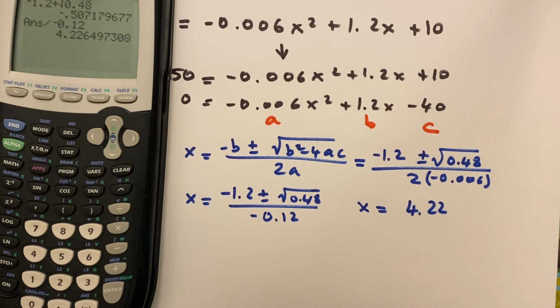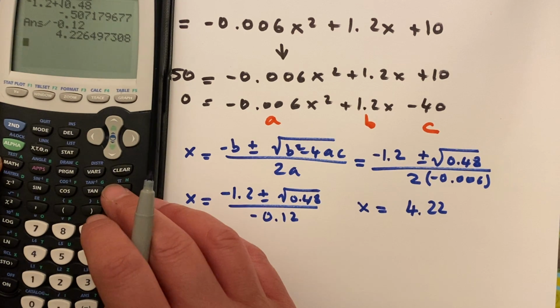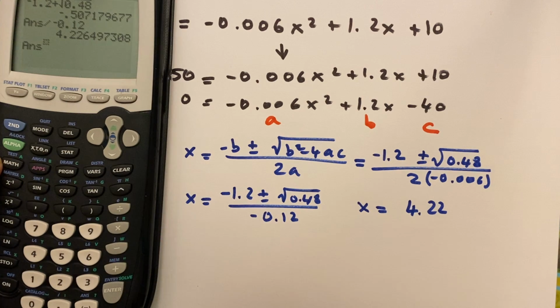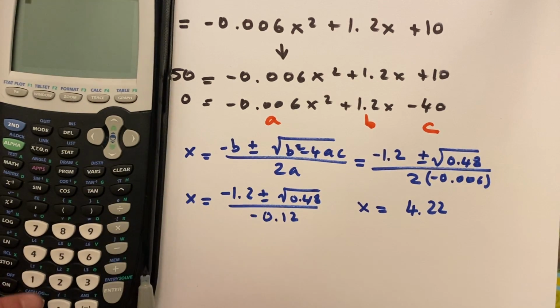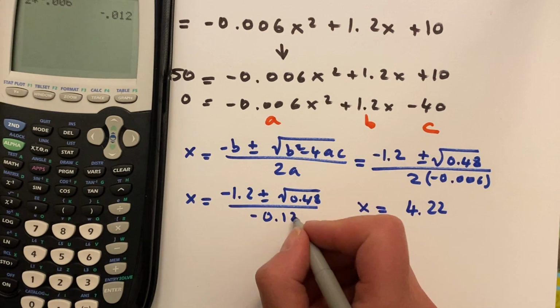Which looks like there's something wrong. Let's see. I'm going to try this again because I think I'm off. I'm trying to figure out why I'm off. 2 times negative 0.006. Oops. Let's see. 2 times negative 0.006 is negative 0.012.